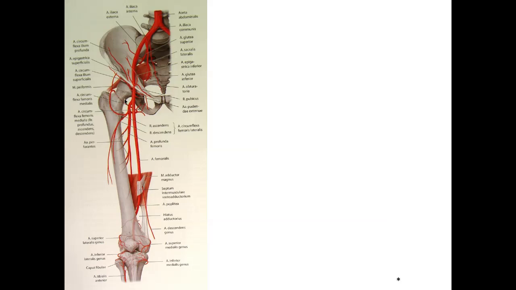Sometimes in several books and textbooks they call this arteria femoralis arteria femoralis superficialis. But in our textbooks we use the term arteria femoralis. So it's written here, arteria femoralis.